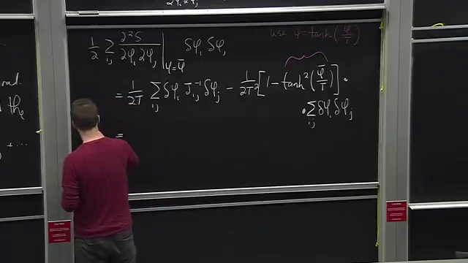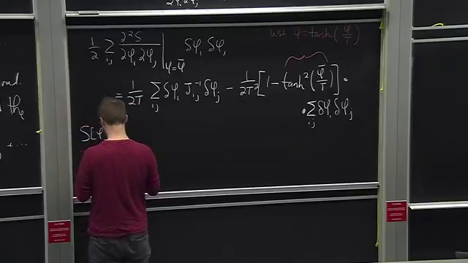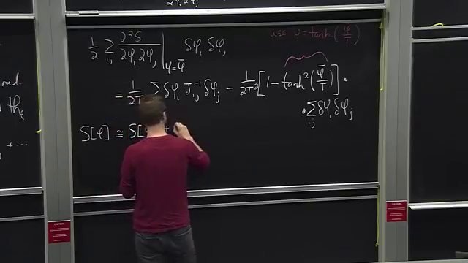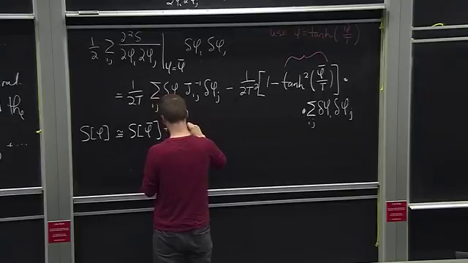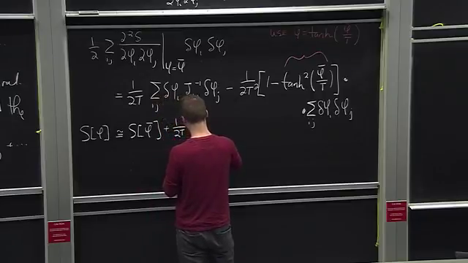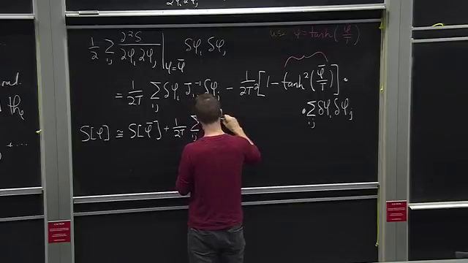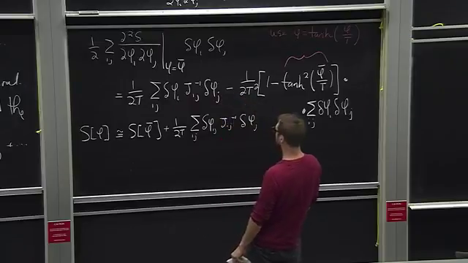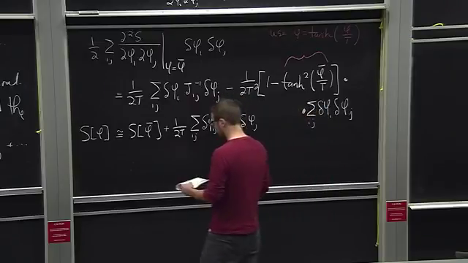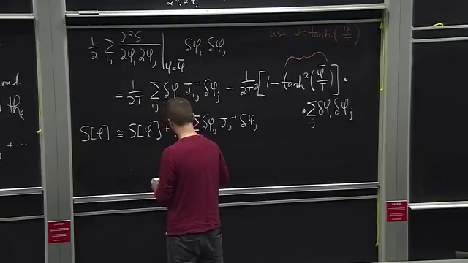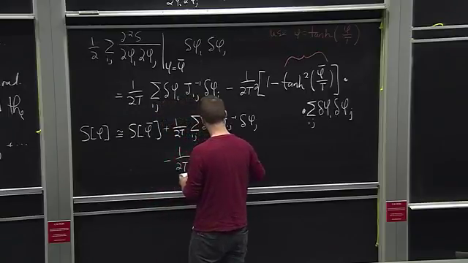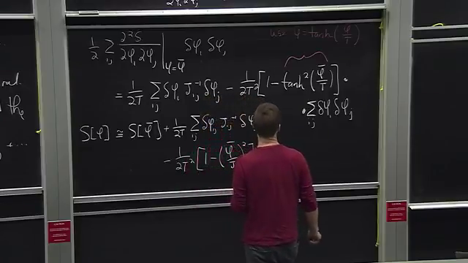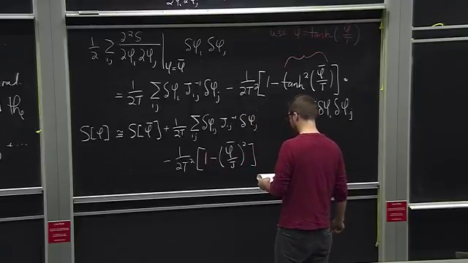Let's write the whole S. And I can get rid of that T by using the mean field solution.